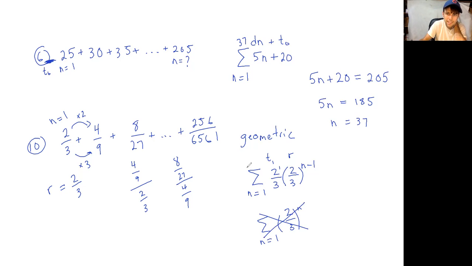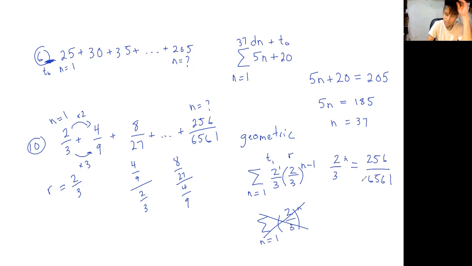All right, last step to figure out is, well, what's this last term? What term is this that we're ending at? I don't know yet, so I want to solve for that. So 2/3 to the n is equal to 256 over 6561.